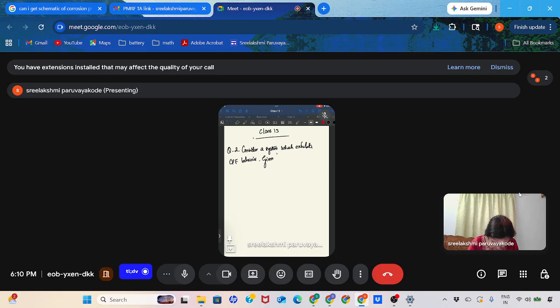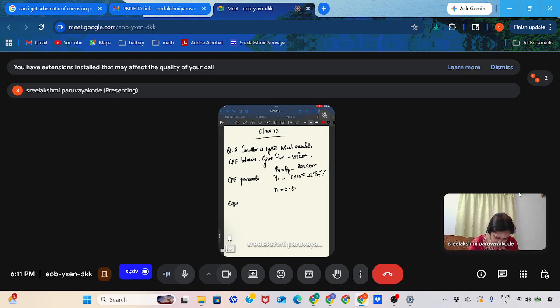Given R solution equal to 100 ohm centimeter square, RT equal to RP equal to 200 ohm centimeter square, CPE parameter Y naught equal to 5 into 10 to the power minus 5 ohm inverse centimeter square inverse s raised to n, where n value is 0.8.